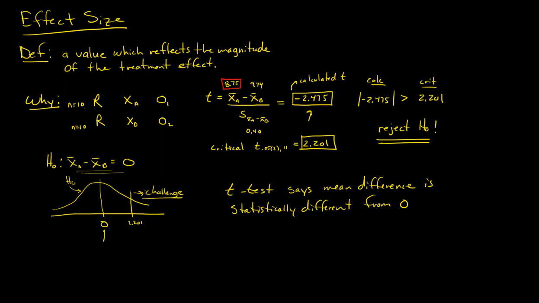In other words, the null cannot be the case. But we're left with the question: what is the magnitude of that difference? How different did the treatment cause it to be from 0? How strong of a relationship is there between drug type and blood clotting times? This is what the effect size is going to answer for us.